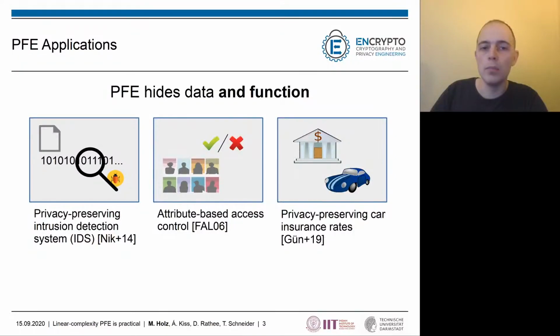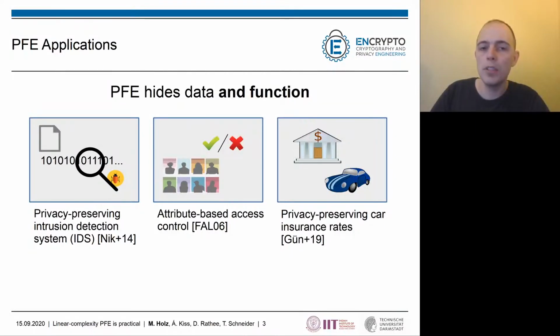send their data to the insurance company, which now wants to evaluate some function on the data to determine the insurance rate for the customer. But of course, the car owner doesn't want to reveal their car data, which could be, for example, location data or any other data.